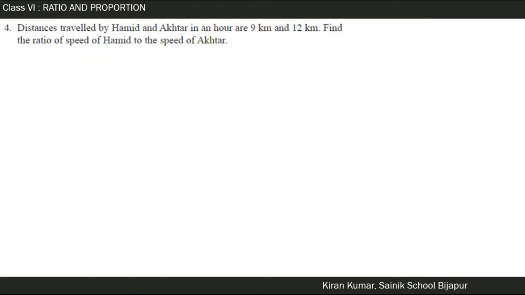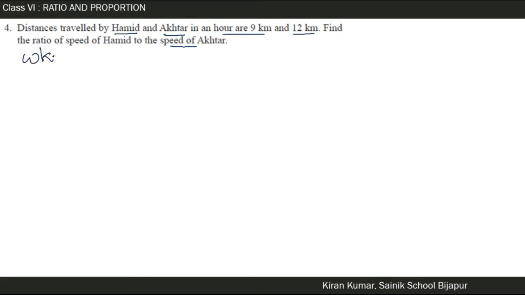Question number 4. Distances traveled by Hamid and Akhtar in 1 hour are 9 kilometers and 12 kilometers. Find the ratio of the speed of Hamid to the speed of Akhtar. Here they have given the distance, and this distance is covered in 1 hour.